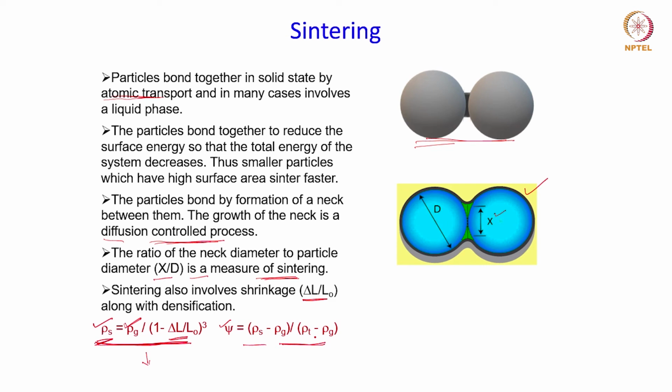So this is basically the ratio of the change in the density, that means rho s minus rho g, the density of the sintered compact and the green compact, the difference of that, divided by the change needed to attain a pore-free solid.